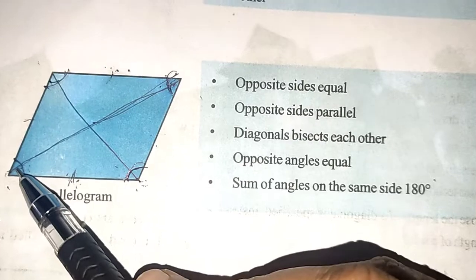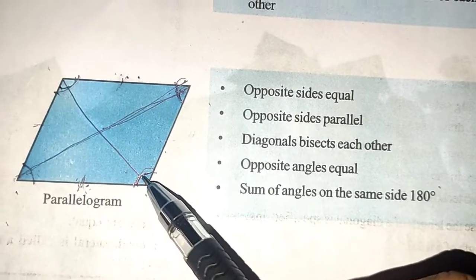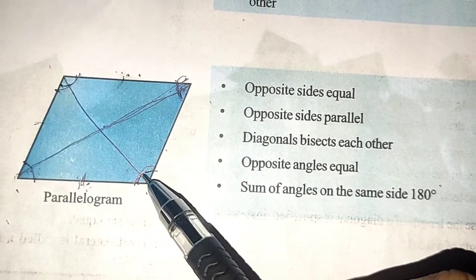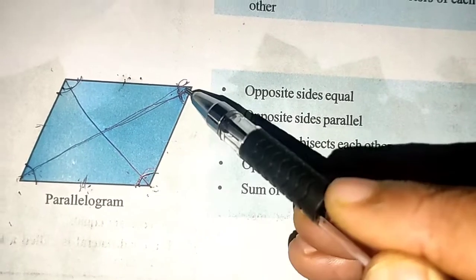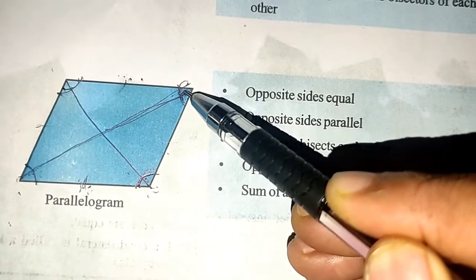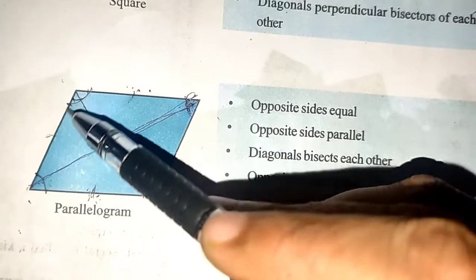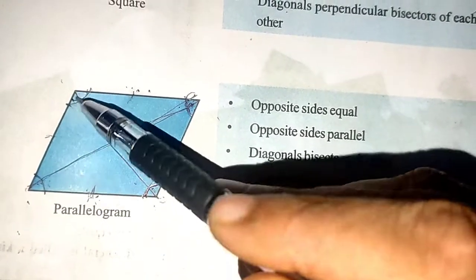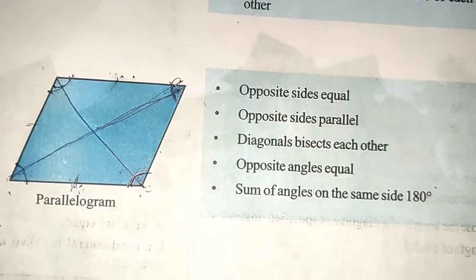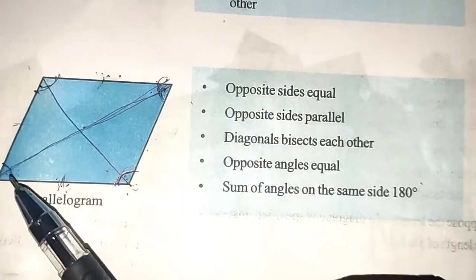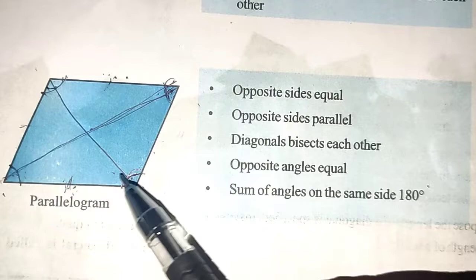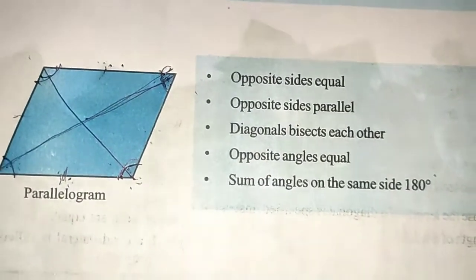That means this angle plus this angle is equal to 180 degree. Similarly, the sum of these two angles is equal to 180 degree. These two angles sum is also equal to 180 degree. Similarly, the last pair of angles sum is also equal to 180 degree.